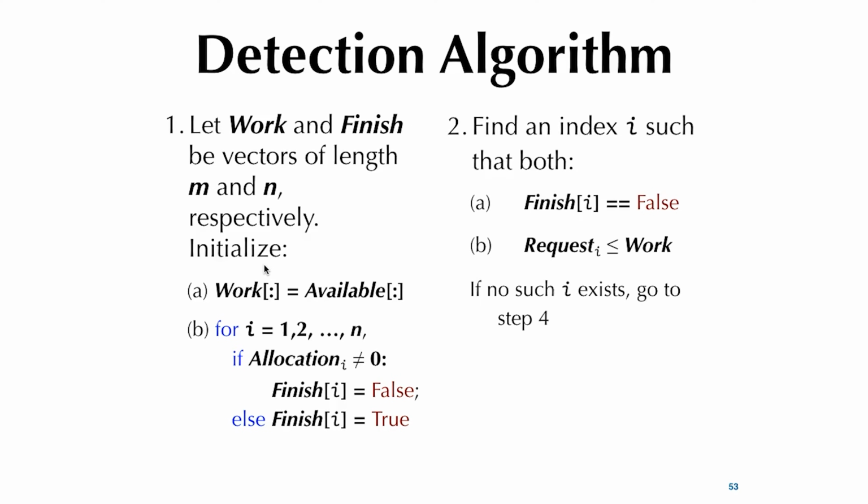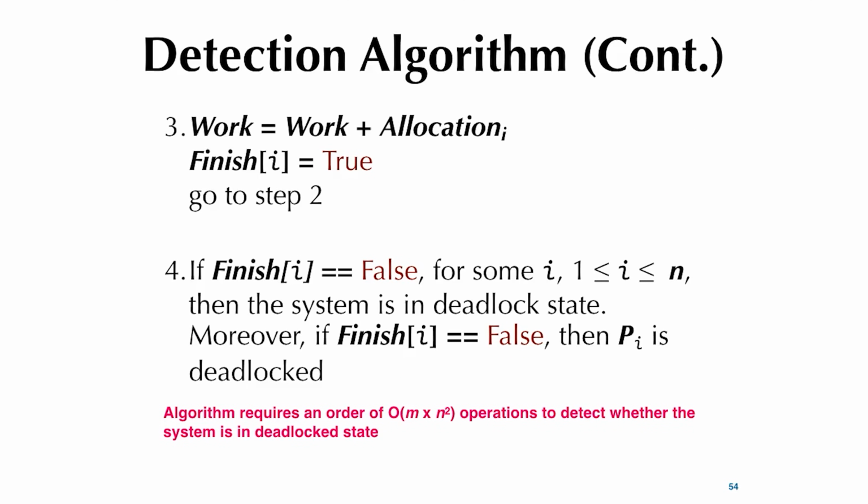And so if no such i exists, then you break out of the loop. Now, the inner loop, in the worst case, may have to go through at least one iteration, then that's N.